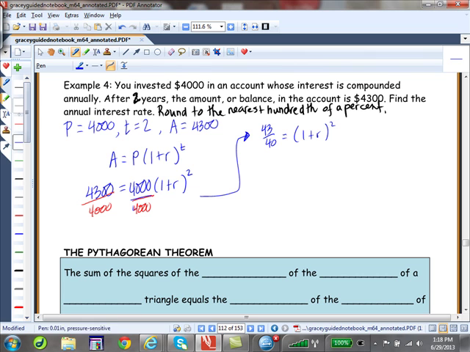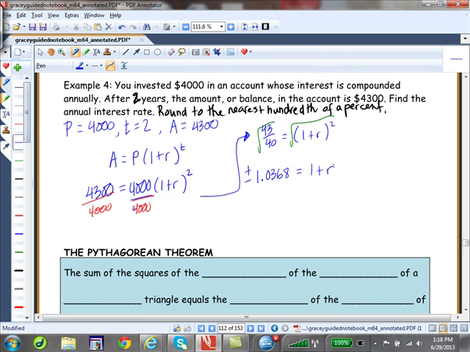Using the square root property, we will get plus or minus. Now the square root of 43/40 is, I went to 4 digits, so 1.0368, because it's not in terms of percentage yet. And that's equal to 1 plus R.